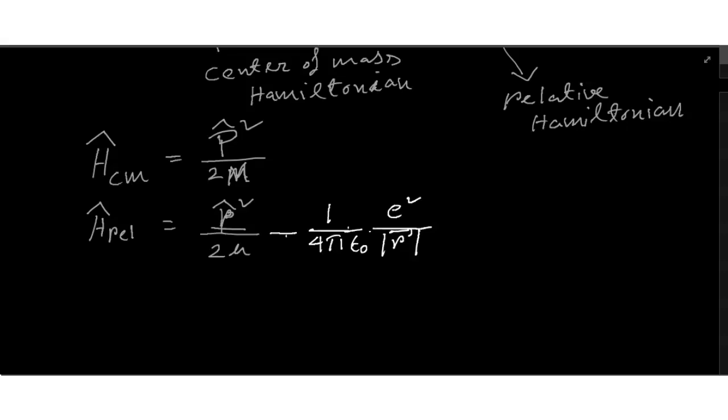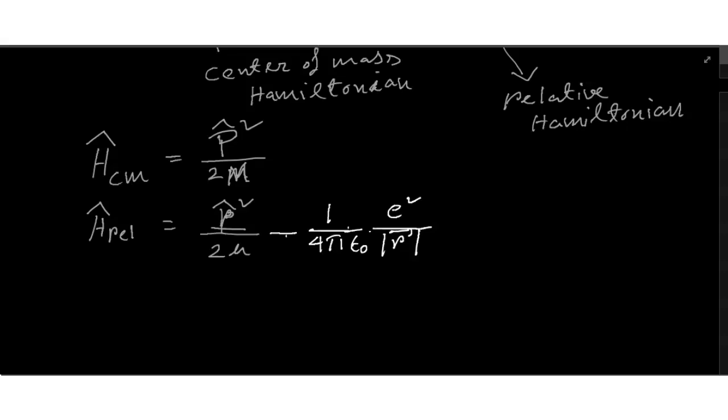So what does all of this mean? The center of mass of the hydrogen atom behaves like a free particle. So without loss of generality, we can simply assume that the center of mass is stationary and just forget about it.